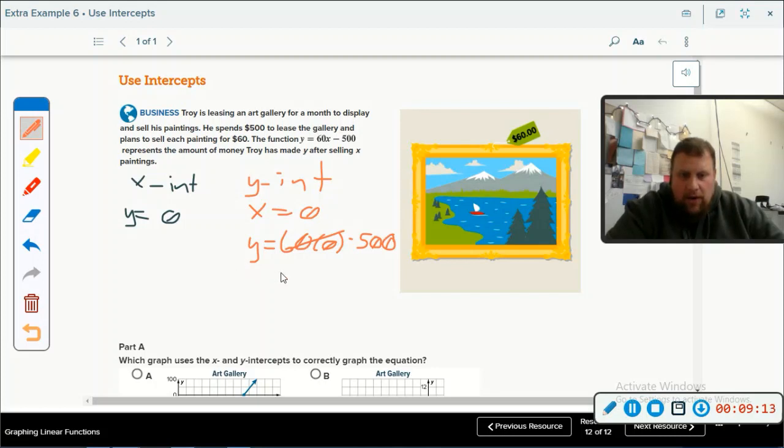So let's find out which one of these graphs is at y equals negative 500. Now, go with me on this for a second. Notice that no matter what x is like, no matter what's times x, if x is 0, it's going to end up being 0. Whenever you're in this form, y equals mx plus b, the name for this form is called slope-intercept form.